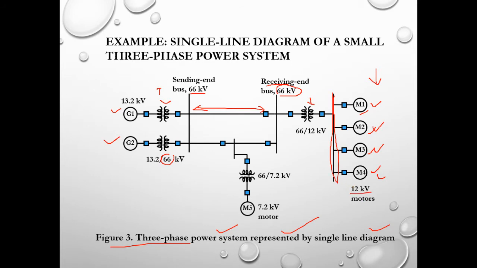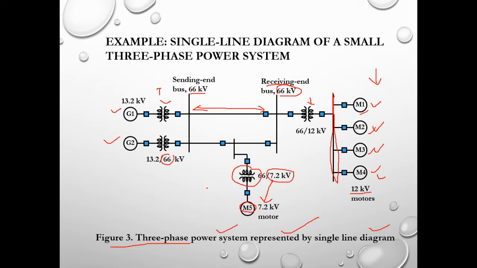So what happens if we do have a different rating voltage other than 12 kilovolt? It's simply put, we add in another step down transformer rating from 66 down to 70 to meet the operating voltage of the motor, namely M5.